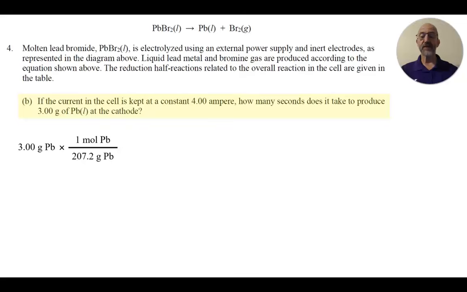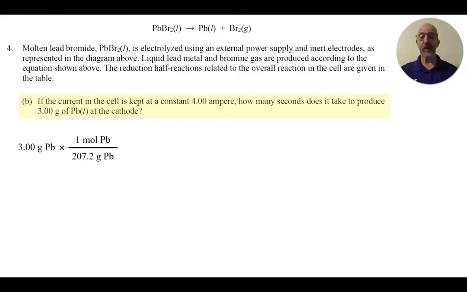Now the next conversion factor will connect moles of lead to moles of electrons. But if you look at the overall balanced equation for this reaction, you don't see any electrons in it. Well, that's because we canceled out the electrons on opposite sides.